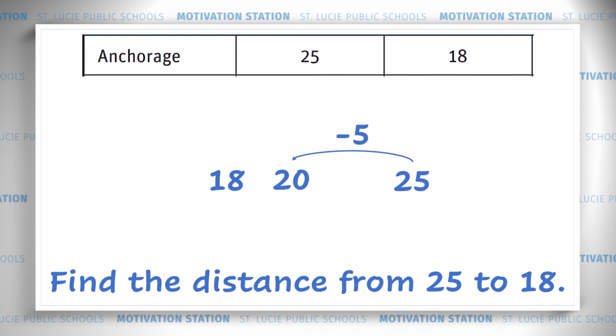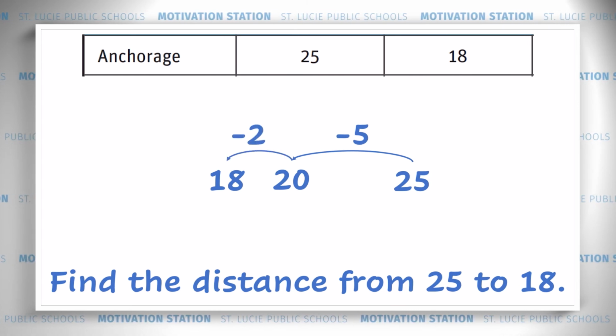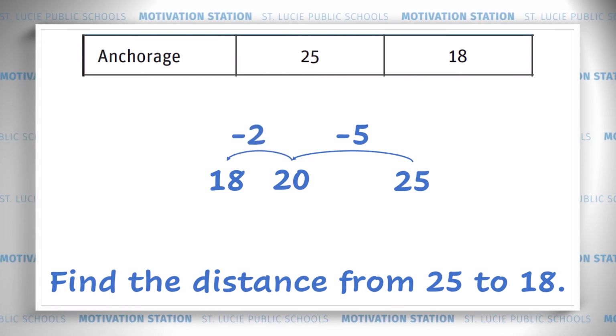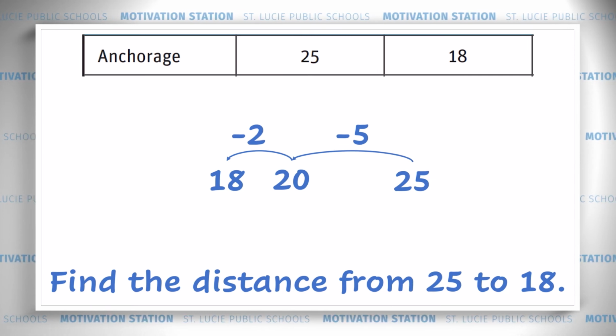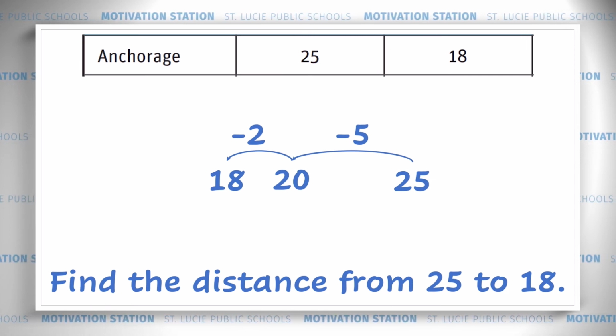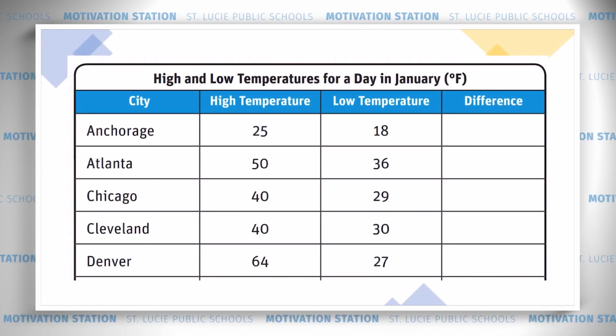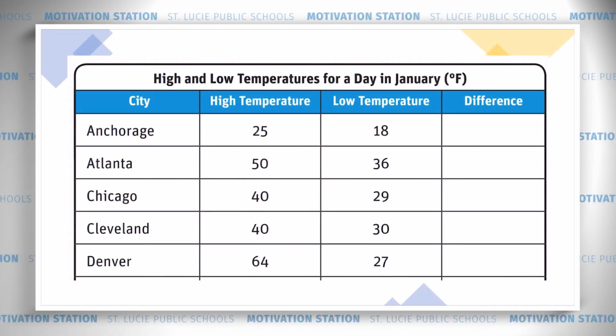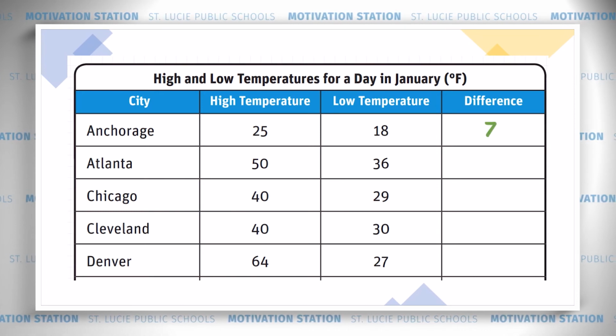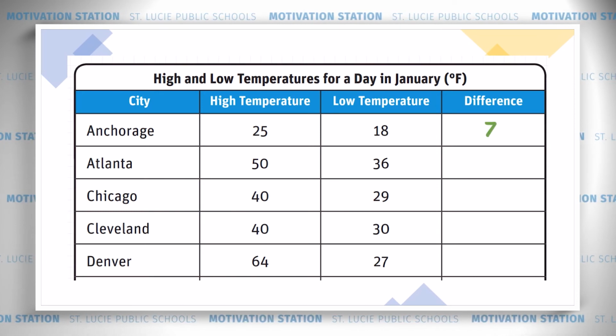Well, that would be -5, and then 20 to 18 is -2. So the distance from 25 to 18 is 2 and 5 makes 7. So now we need to record that on our table. The difference is 7.